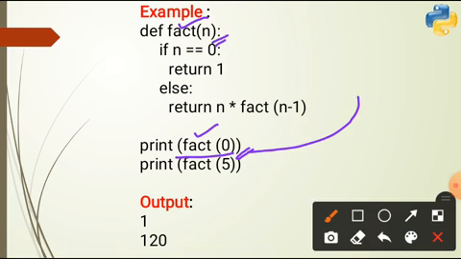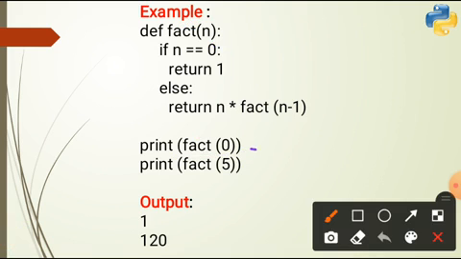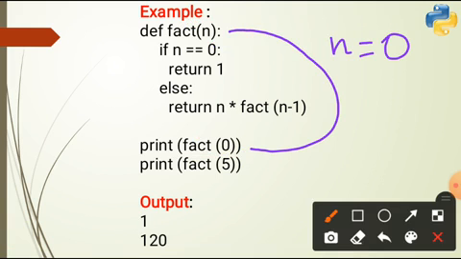So it directly moves to the place where we defined it, taking the value 0. The first statement is executing. It takes the value and stores it in n, so the value of n is 0 now. It moves on to the first statement: if n is exactly equal to 0, then return 1.